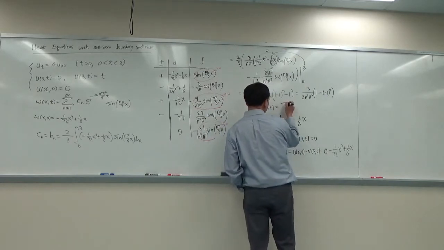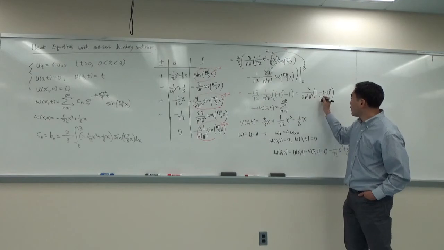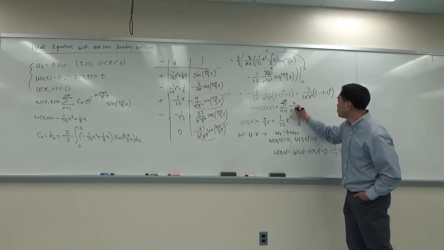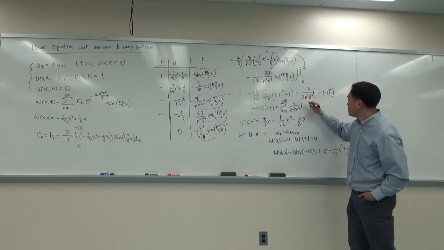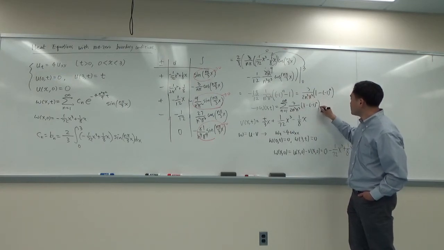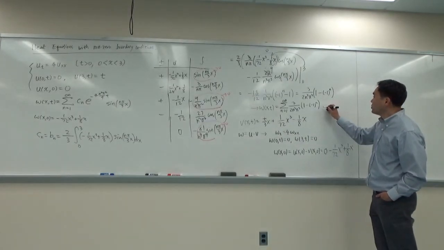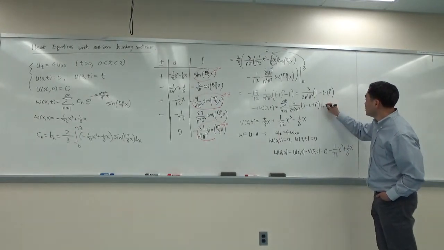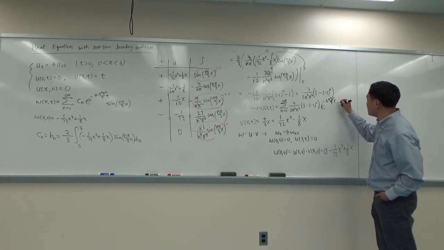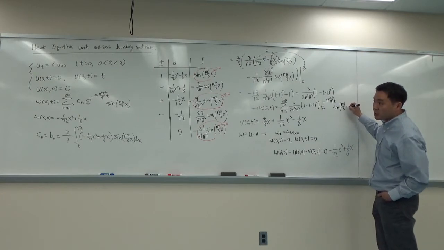So this is going to be the summation from n equals 1 through infinity of 3 over 2 n cubed pi cubed, 1 minus negative 1 to the nth power, and then you have e to the negative 4 times n squared pi squared over 9 t sine of n pi over 3 x.